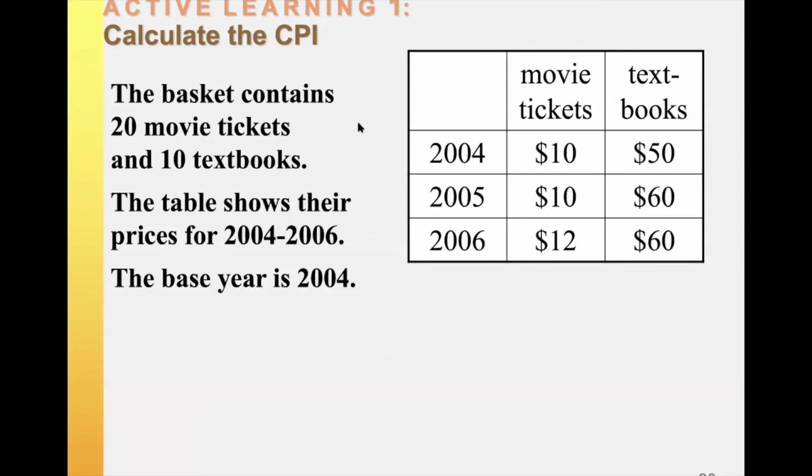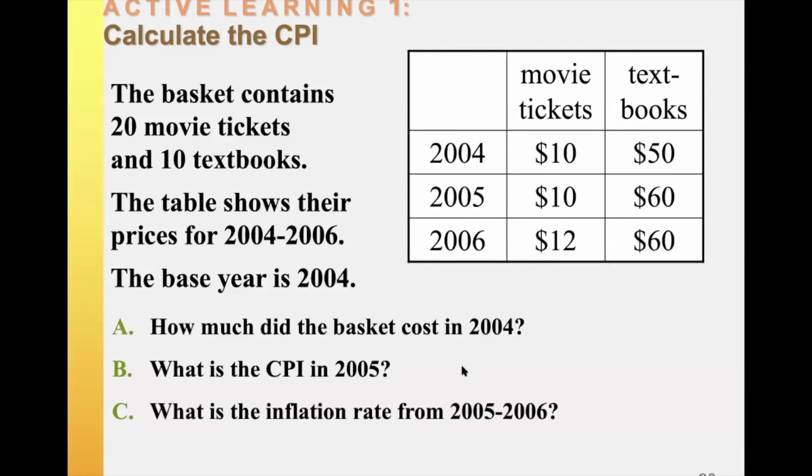So it's probably the CPI of students, right? Study and recreation. The table shows the prices over 3 years, and the base year is 2004. Okay, so this is the price. How much did the basket cost in 2004? What is the CPI in 2005 and the inflation rate from 2005 to 2006? So can you do that?